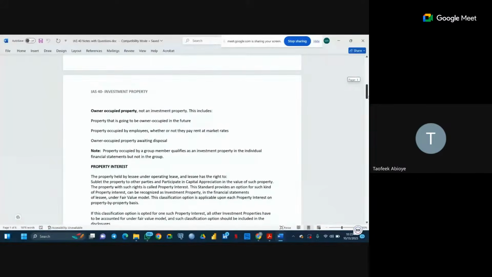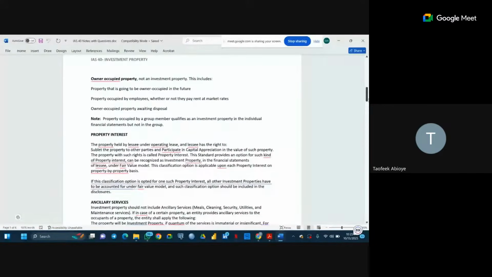So I was explaining the meaning of property interest. Property interest is a property held by a lessee under operating lease, and the lessee has the right to sublet the property to other parties. So far the lessee has the right to sublet the property to other parties.